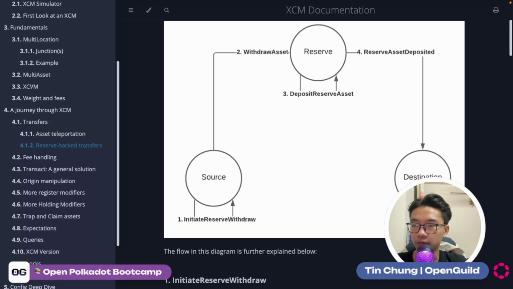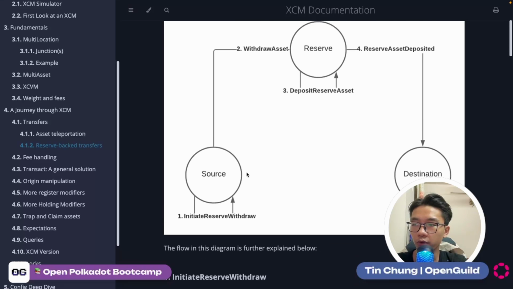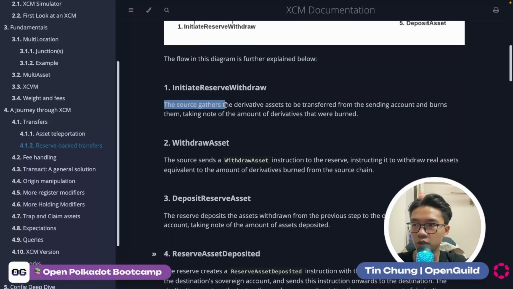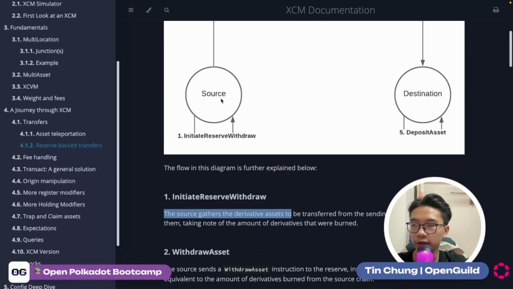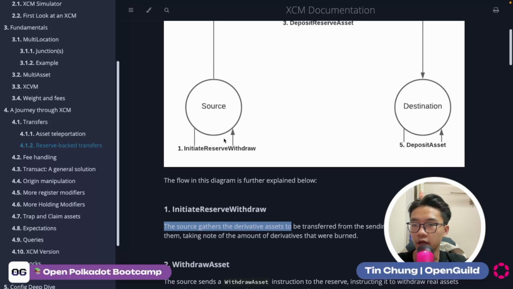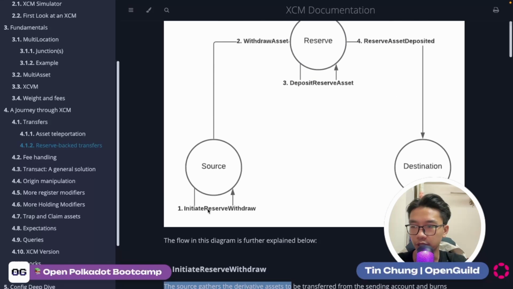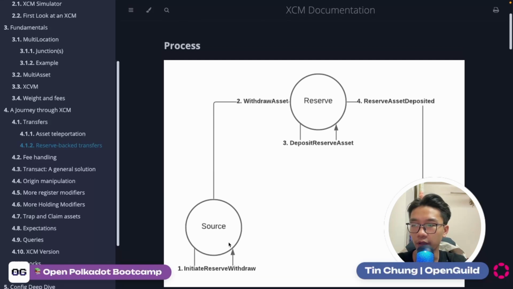So the flow would be here: let the source gather the derivative asset to be transferred from the sending account. The source is going to have an account called a sending account, which processes the derivative asset, and it initiates the reserve withdraw of the derivative token from the source, and it is transferred to the reserve chain.